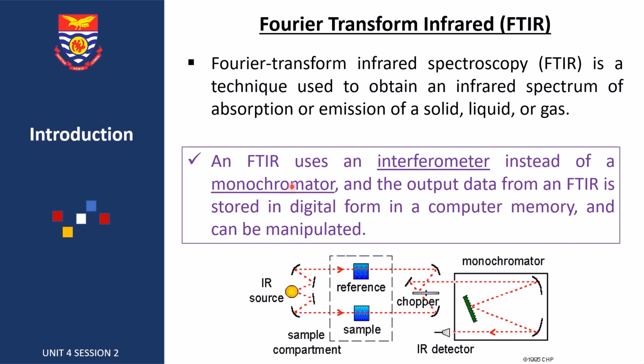However, the FTIR uses an interferometer instead of the monochromator. So that's typically the main difference. And the output data from an FTIR is stored in digital form in a computer memory and can be manipulated afterwards.